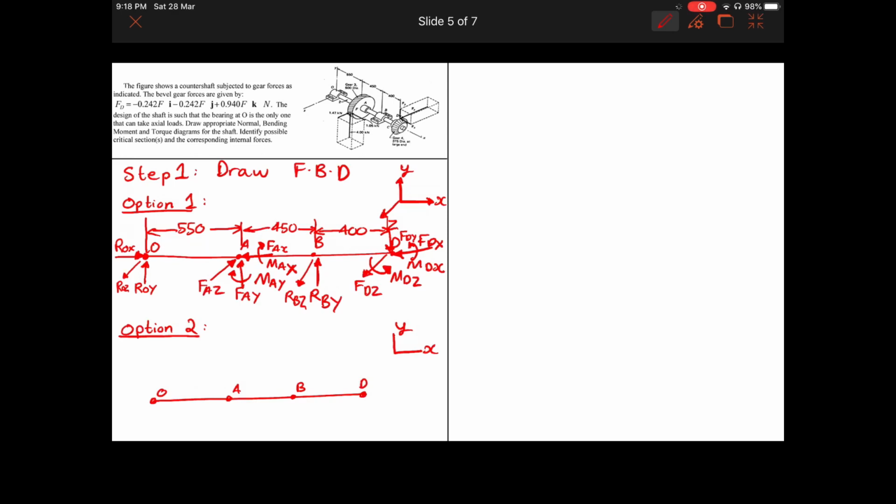And this time I'll only mention the reactions and moments in x and y axis. So this one is ROX and we have ROY. At A we have FAX in the negative direction and we have FAY.